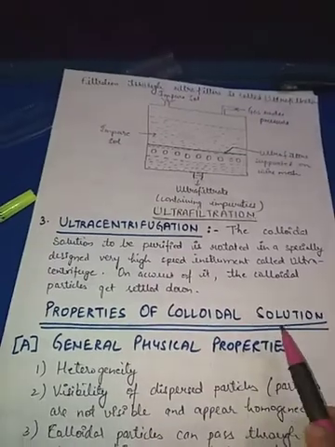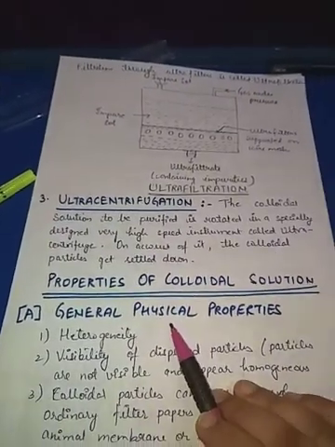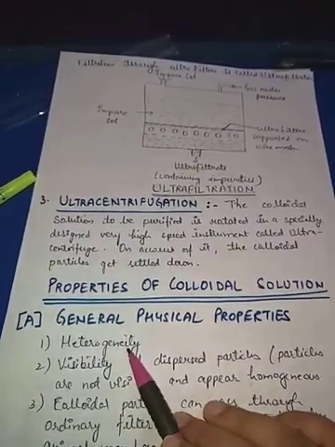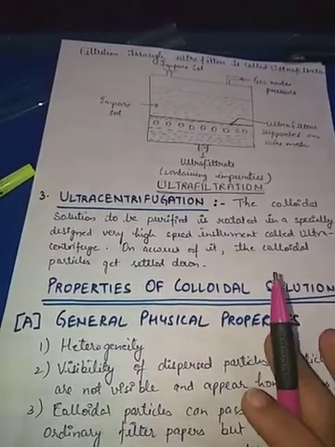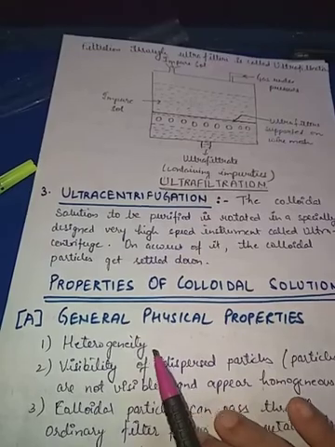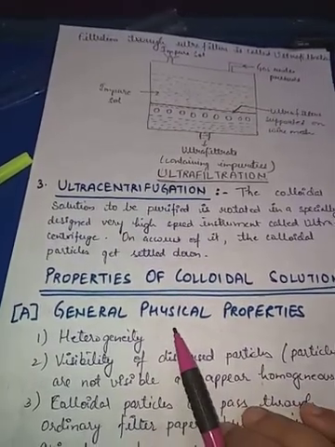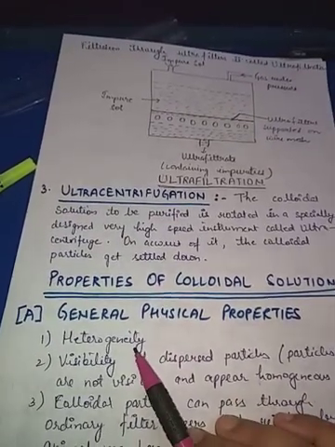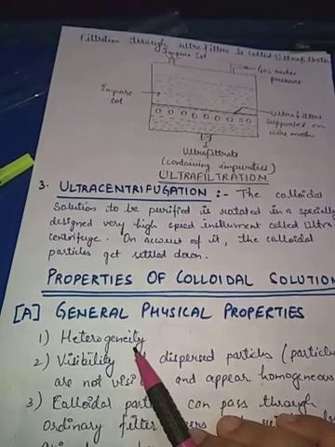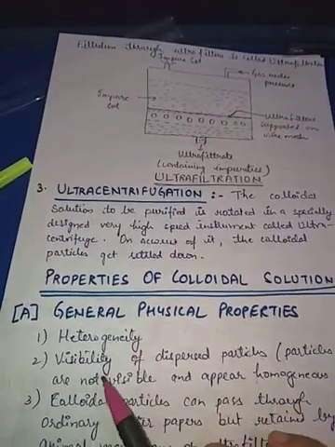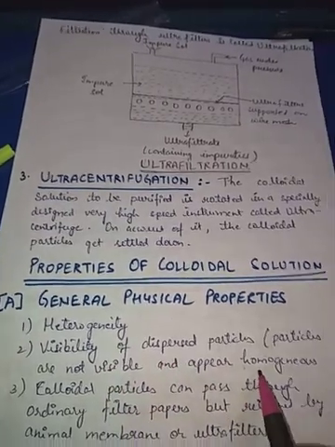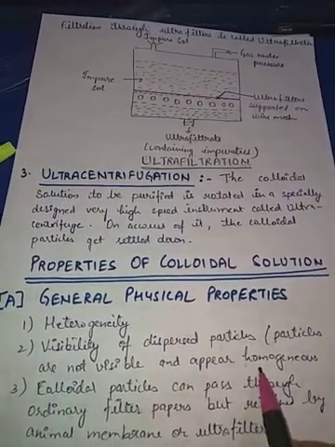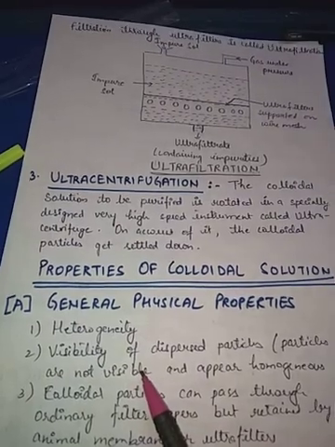Now the properties of colloidal solutions. First we will study the general physical properties. The first is heterogeneity: the dispersed phase and the dispersion medium are heterogeneous with each other. The second one is visibility.